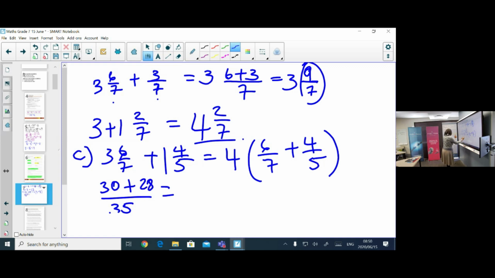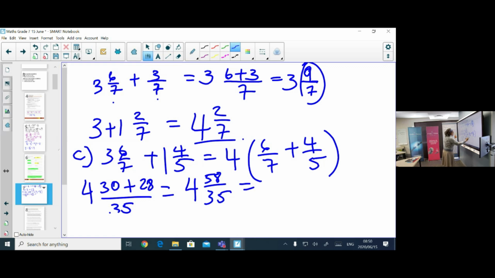So we get the total there. Our 4, remember there's still a 4 here. Our 4 and 58 over 35. But we see that 35 can go into 58.